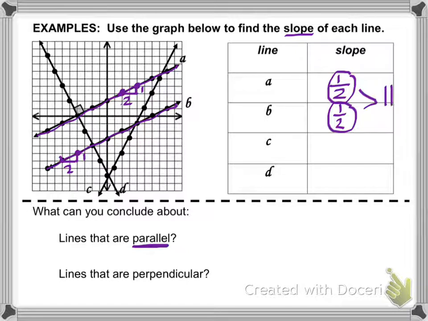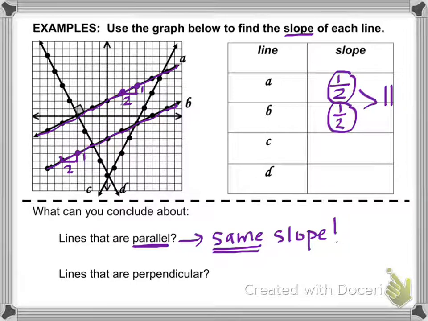And the reason is, remember, the slope tells you the steepness of a line or kind of how it's angled. Well, if they're angled in the same direction at the same angle and they go forever and ever, they're never going to intersect. So lines that are parallel have the same slope. I need you to remember that.